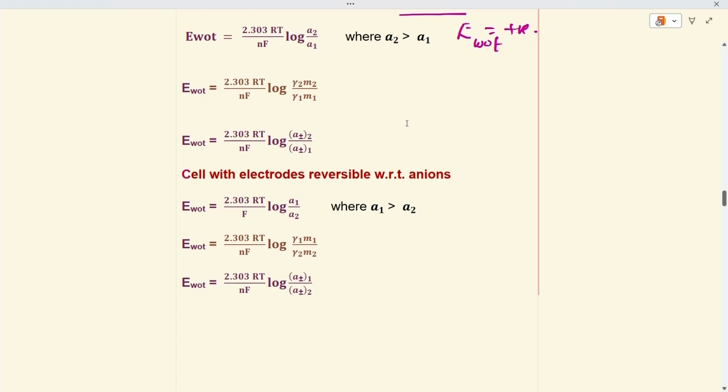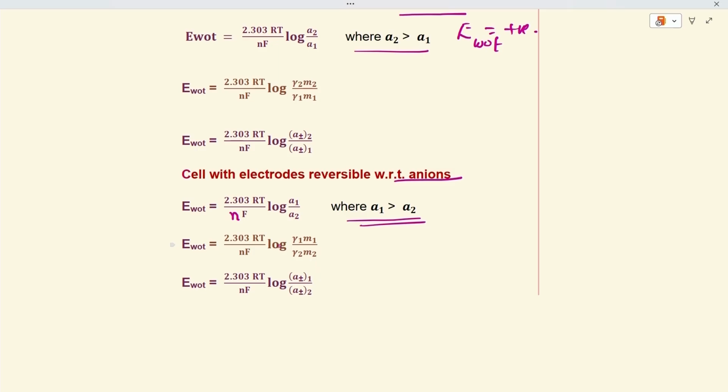Next is cells reversible with respect to anions. In that case, the EMF of the cell will be equal to 2.303 RT by NF log A1 by A2. Here A1 should be greater than A2 with respect to anions. With respect to cations, it is a reverse case.